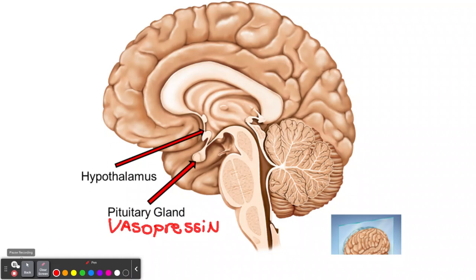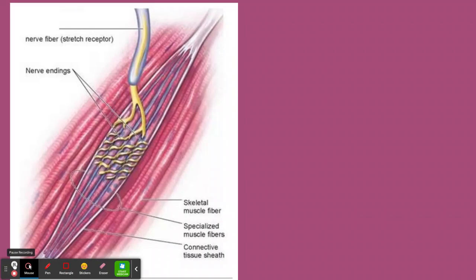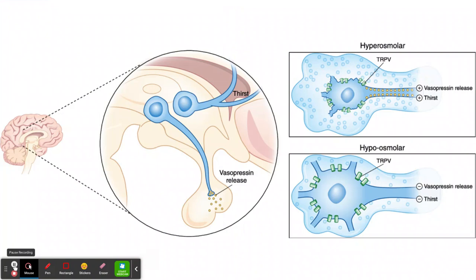Let's get the picture of the kidneys. And by the way, there's a picture of the stretch receptors within the blood vessels. And here's a picture of vasopressin release from the pituitary gland. Again, do you remember where vasopressin is going? It's a hormone, right? It's a chemical messenger. That's what hormones are. And it's going to say to the kidneys, reduce urine output to conserve water, until you drink.